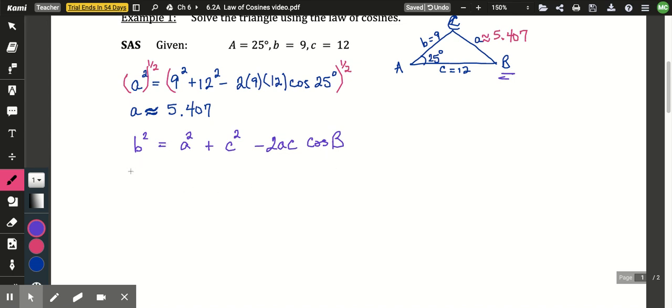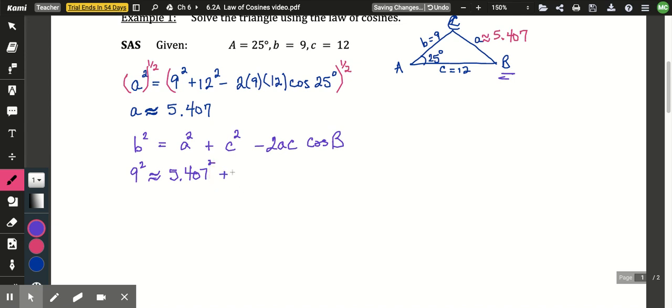So side B is 9, so I'll fill that in. 9 squared equals side A, which is 5.407. That one's my approximation. That didn't come out real nice, and I think I'll have problems if I can't read my writing there. Since I am using an approximation in here, I need to say approximately equal to already.